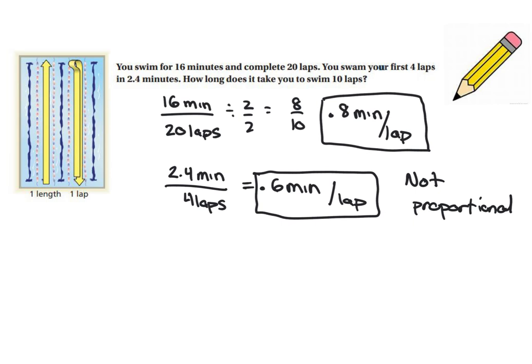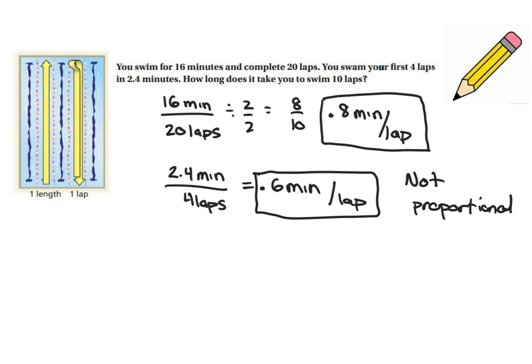And what we would also have to note then is the fact that you are not swimming the same speed for the entire time. Because you slow down after your first 4 laps, we would have to estimate in order to figure out how much time it would take to swim the next 10 laps.